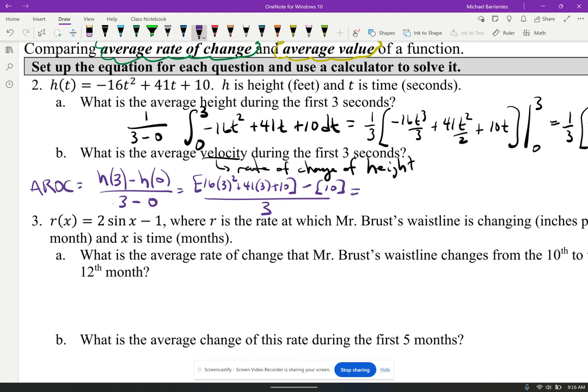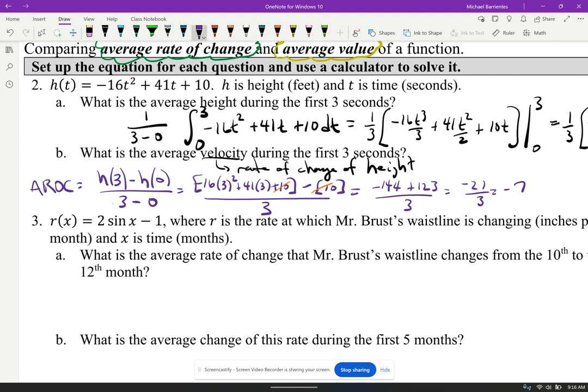Negative 16 times 9, that's negative 144, plus 41 times 3, that's 123. The 10 cancels out with this 10, right? And then you're dividing by 3. So whatever I get out of this, I believe that's my answer. Is that negative 7? Did I do that correctly? I think I did.